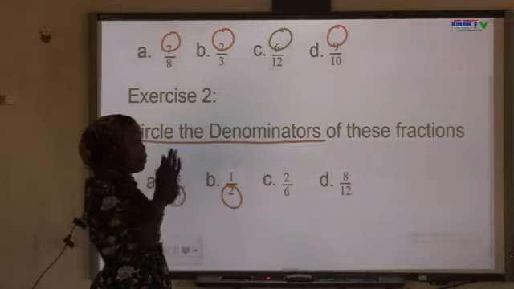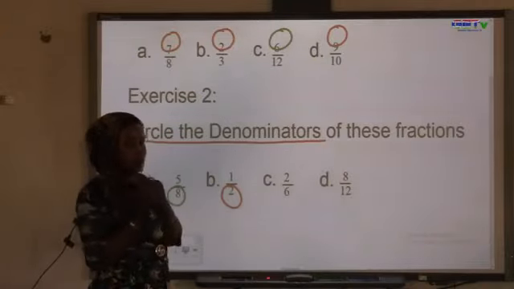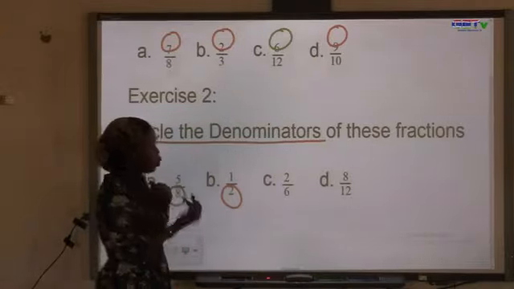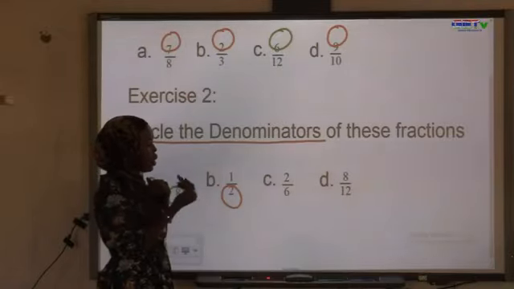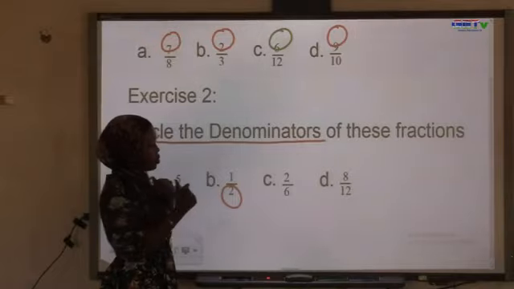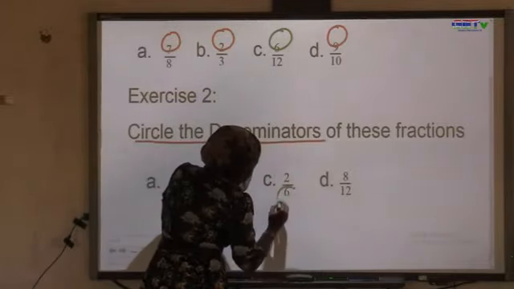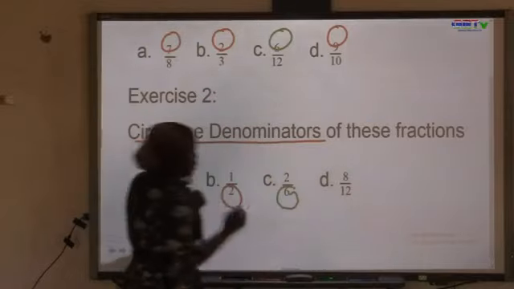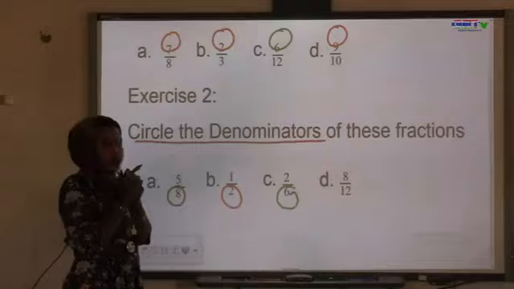And the number below the fraction bar is our denominator. In this case, it is number 6. So we circle 6. 6 is our denominator for C.